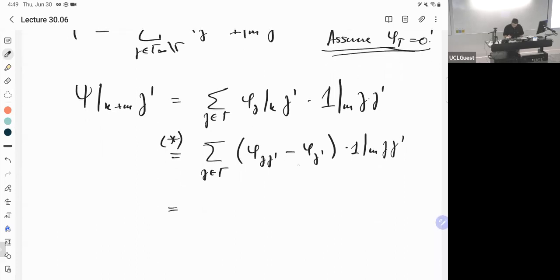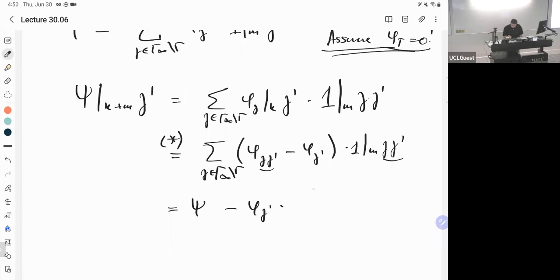So the first summation, you just change. Here it has to be the set of cosets. So in the first summation, just change gamma prime to gamma, so it runs over the same set. So you get psi again. And in the second case, phi gamma prime is constant. It's the same for all terms of the summation, so you just carry it out.